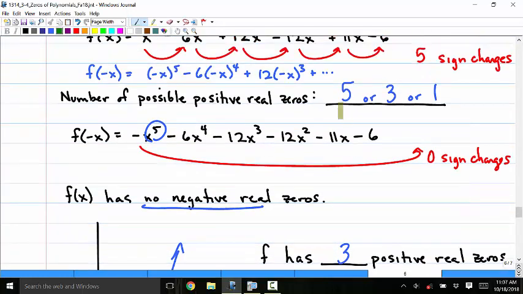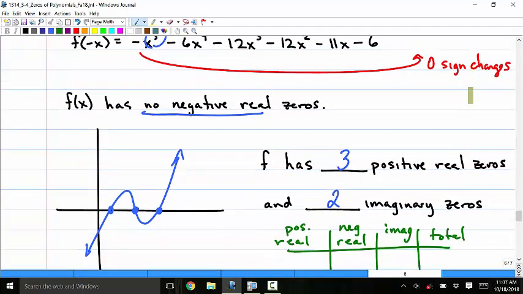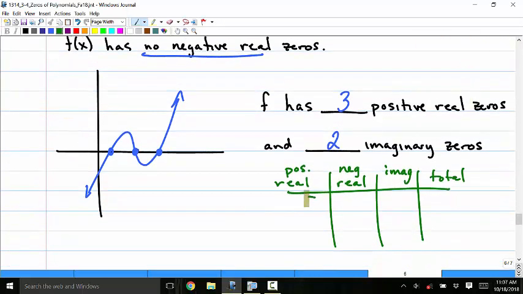From up here, how many positive real zeros could I have? I could have 5, 3, or 1. If I had 5 positive real, that would mean I would have 0 negative real, 0 imaginary, for a total of 5 zeros.